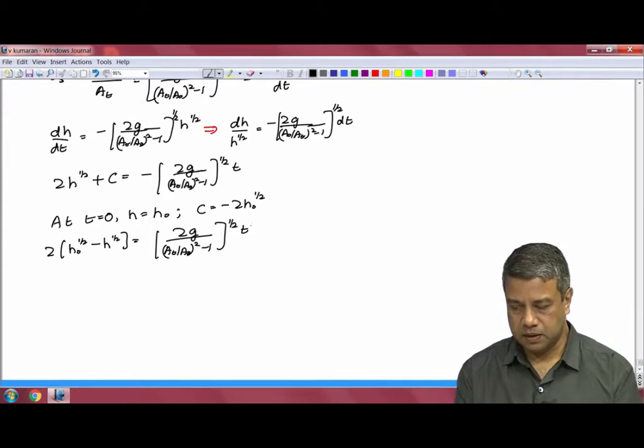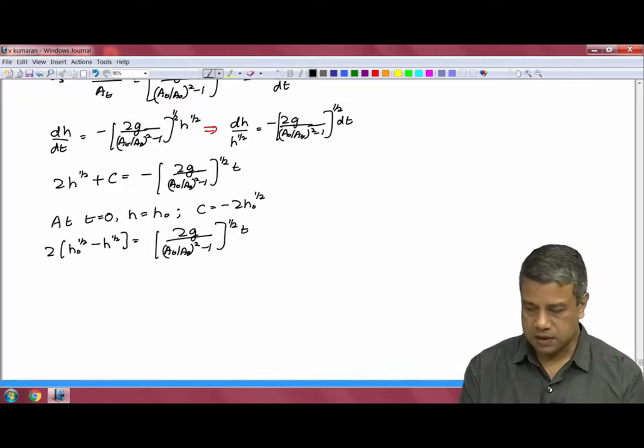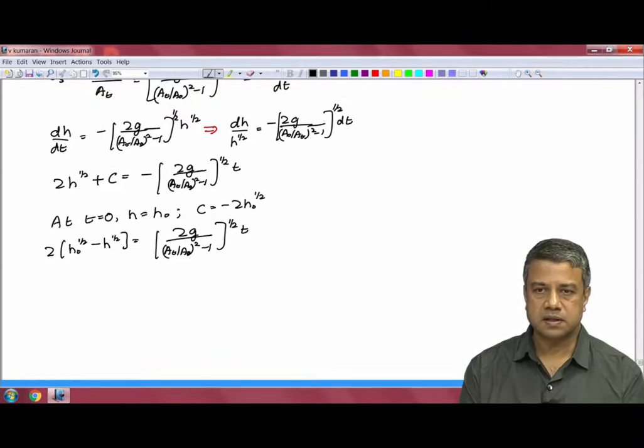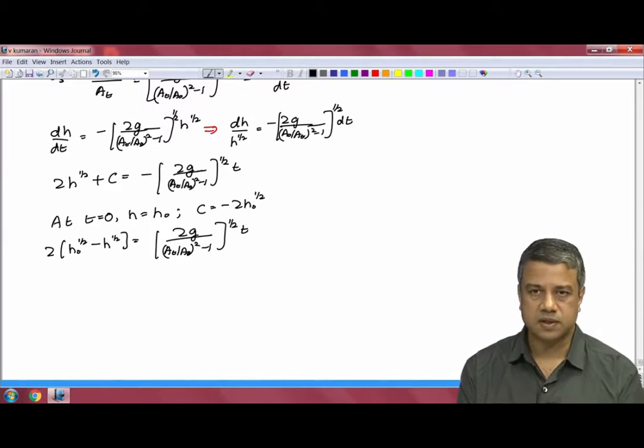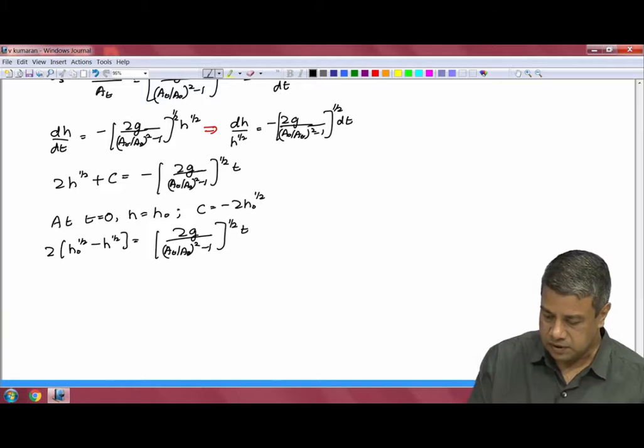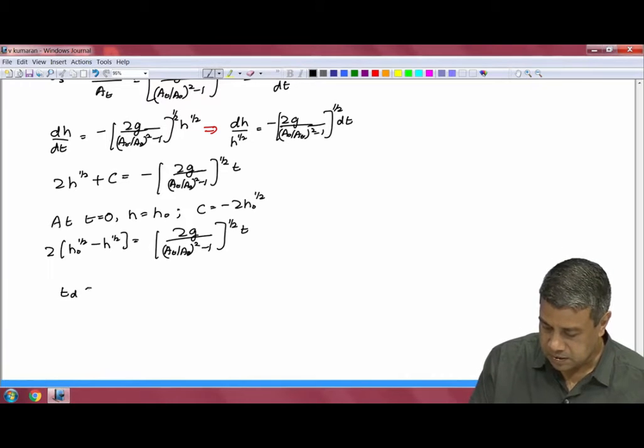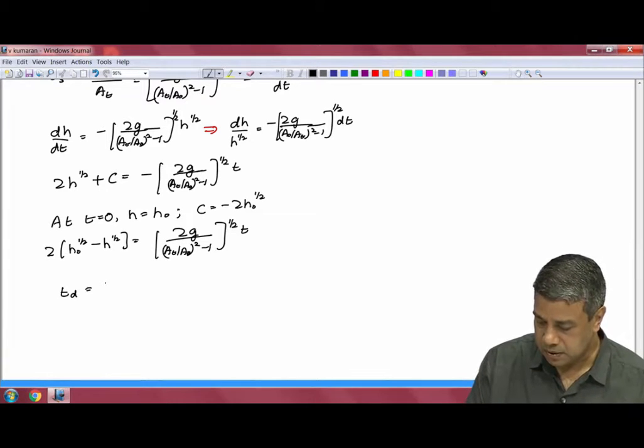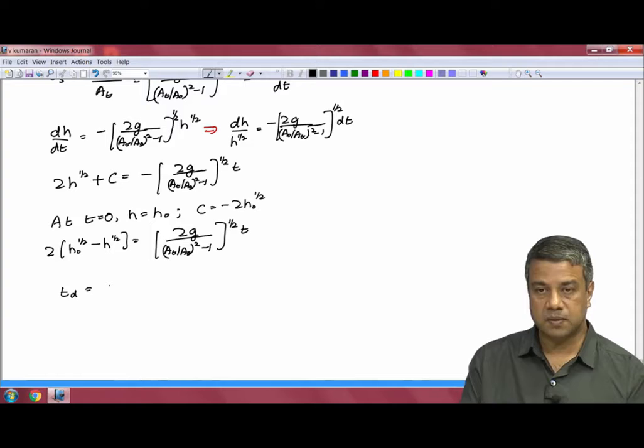What is the total time for discharge? The total time for discharge is the time at which h is equal to 0, that is, the time at which the height above the outlet is 0.